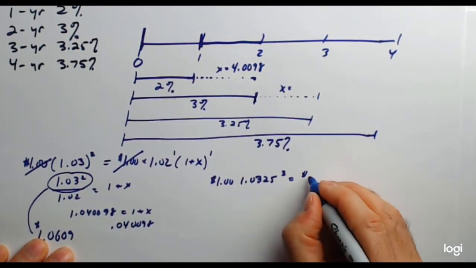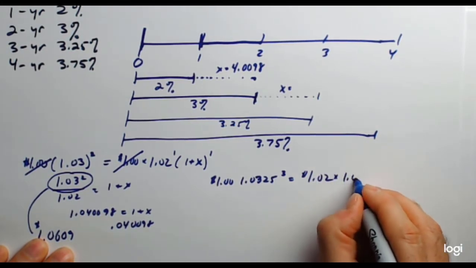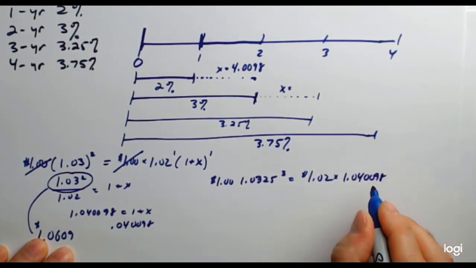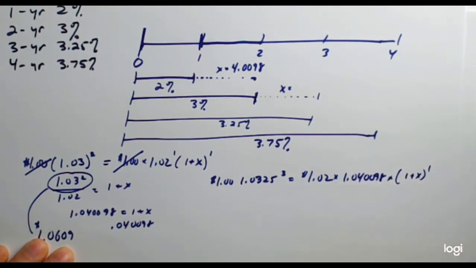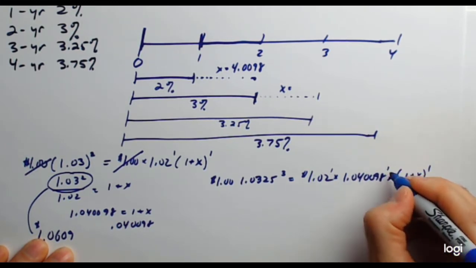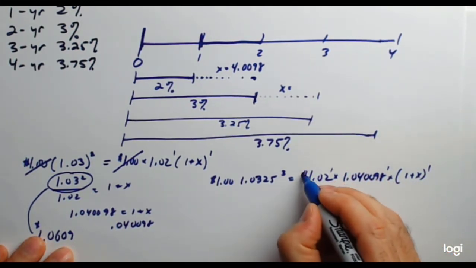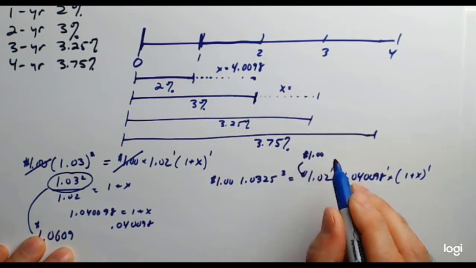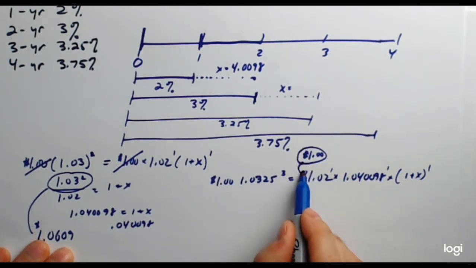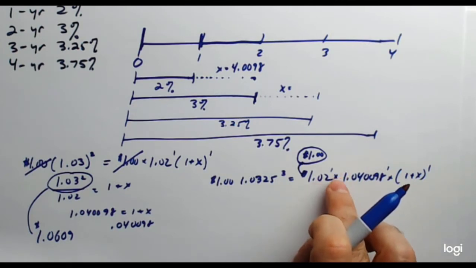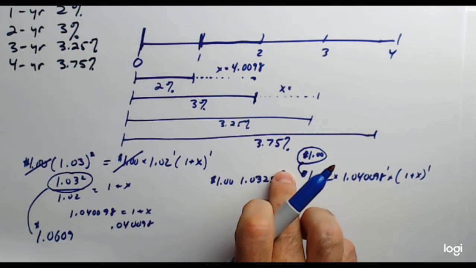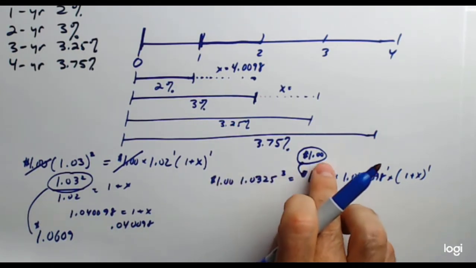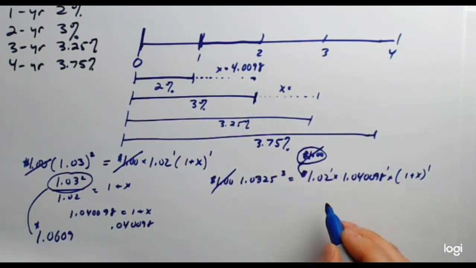So we take $1, it earns 2%, then a little more than 4%, and then we multiply by 1 plus X to the 1 power. There's a 1 power here, and I messed it up a little; this should be $1.0 right here. Then multiply by 1.02 to the 1 and so on. Now look, my exponents add up to 3. We're in good shape. We've got $1 here and $1 here. Cross it out, cross it out. The ones exponents, ignore them.